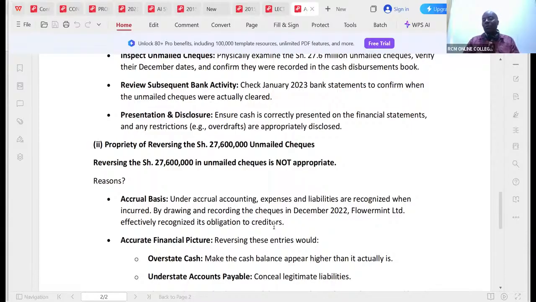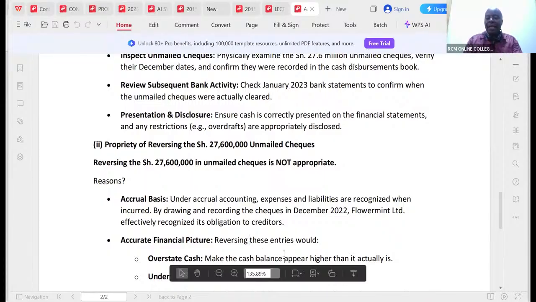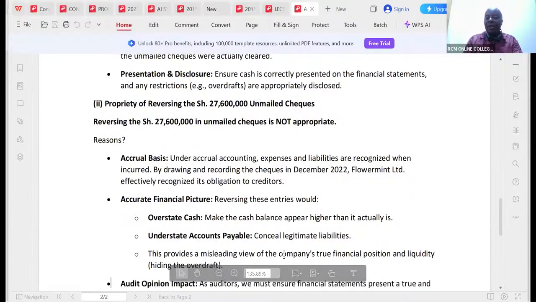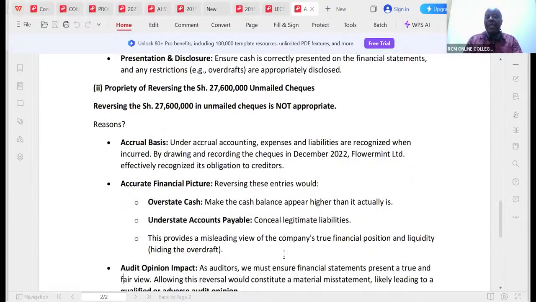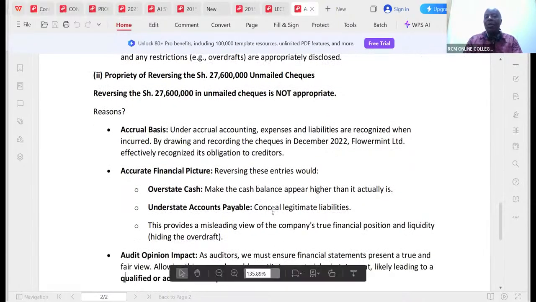We owed these people by that time. Accurate financial picture: reversing these entries would overstate cash, making the cash balance appear higher than it actually is, understate accounts payable, and conceal legitimate liabilities. This provides a misleading view of the company's true financial position and liquidity, hiding the overdraft.